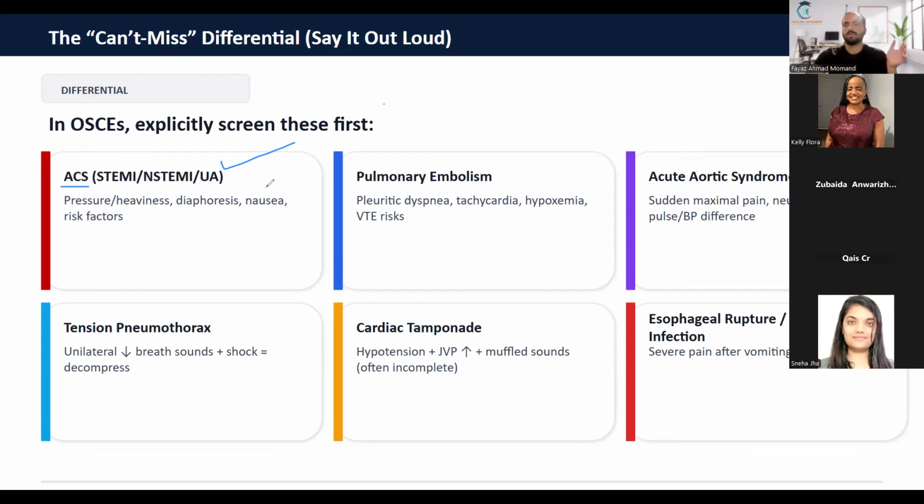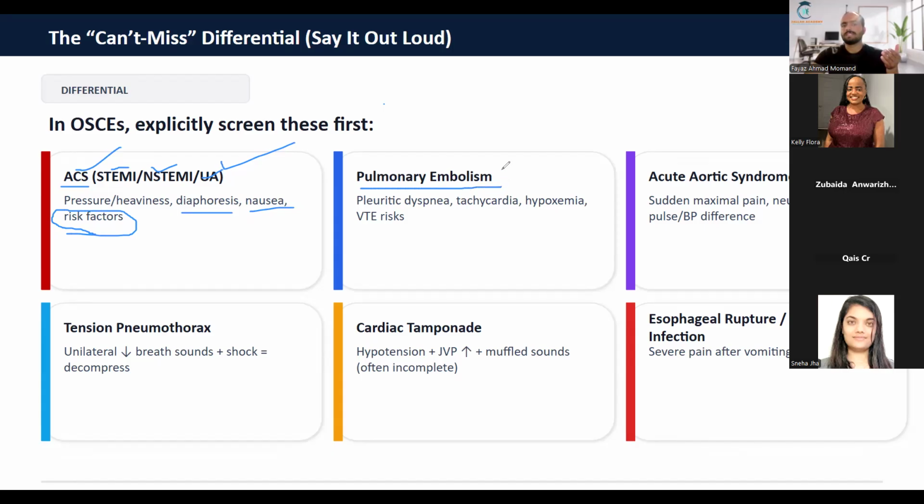If the patient is older, they have risk factors, they're obese, they have history of hypertension, or if the pain is typical of what chest pain in acute coronary syndrome, such as a STEMI, ST elevation myocardial infarction, non-STEMI, or unstable angina looks like, think of acute coronary syndrome first. Pain with acute coronary syndrome feels like a pressure or heaviness, and the patient usually is sweating, they feel nauseous, and they would have risk factors for acute coronary syndrome.